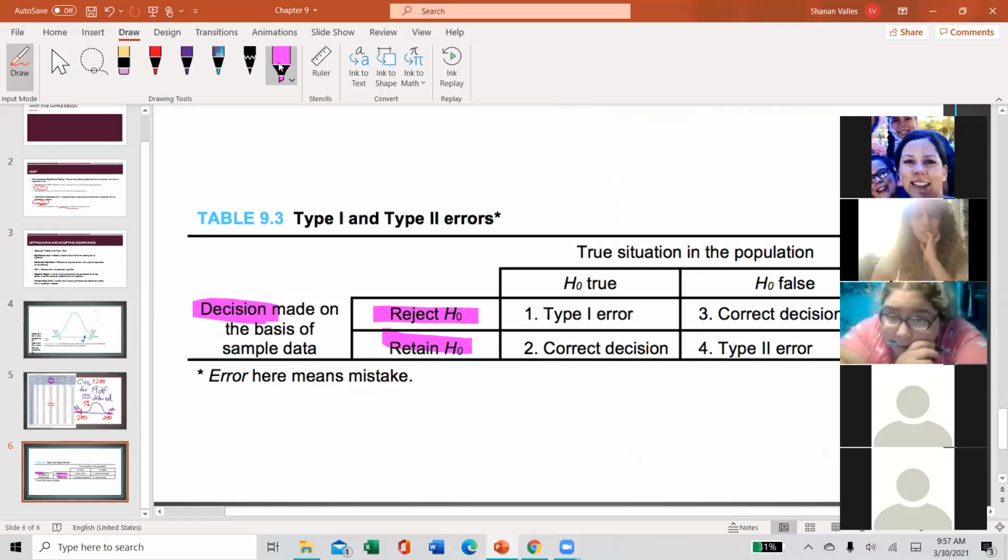There are 2 times that we might be wrong. There are 2 possibilities or 2 opportunities for us to make an error. There's going to be 2 times when we're right. Okay.